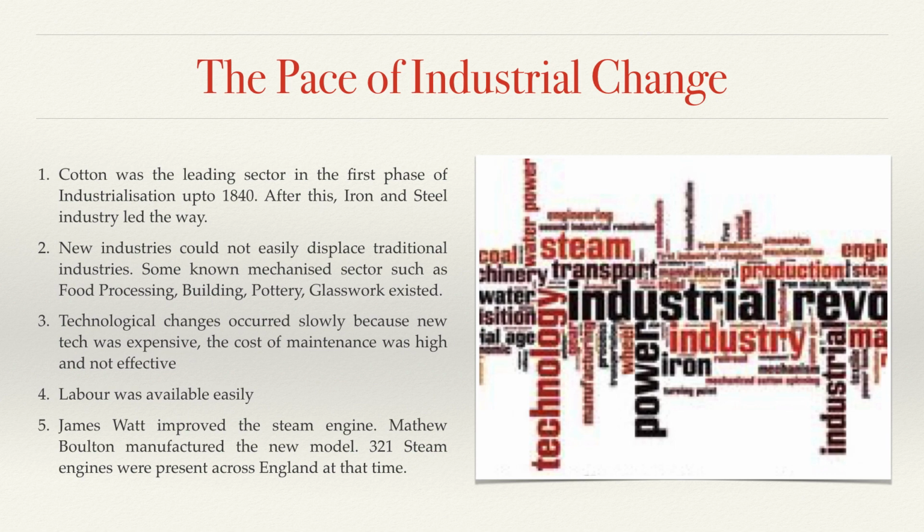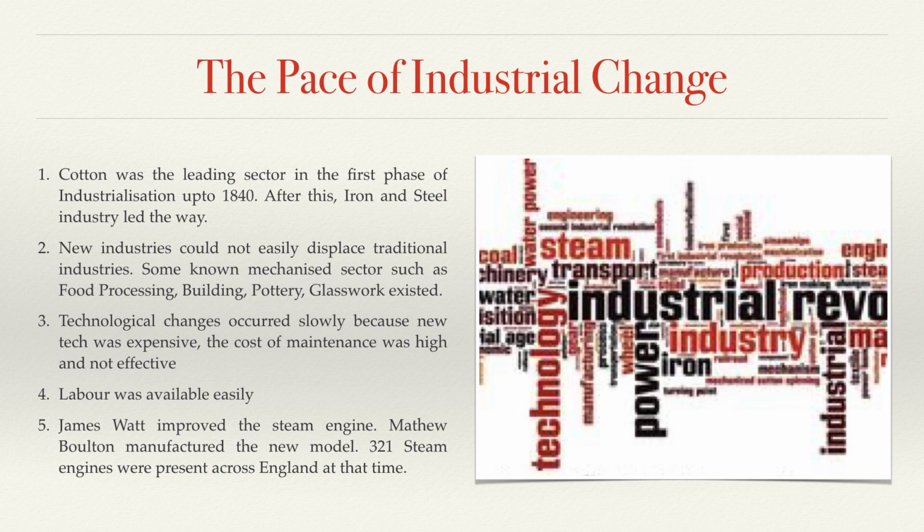Technological change occurred slowly because new technology was expensive, the cost of maintenance was so high, and these were not effective. Labor was available easily. James Watt improved the steam engine.